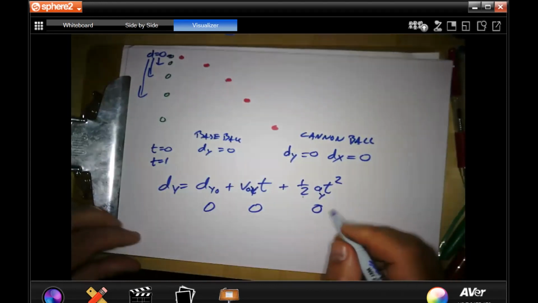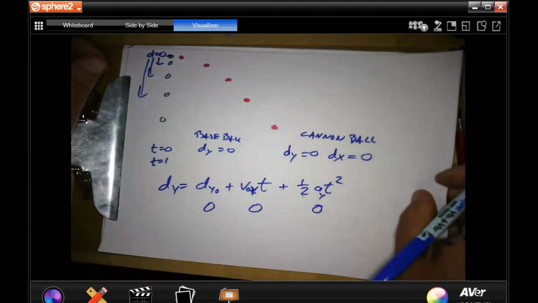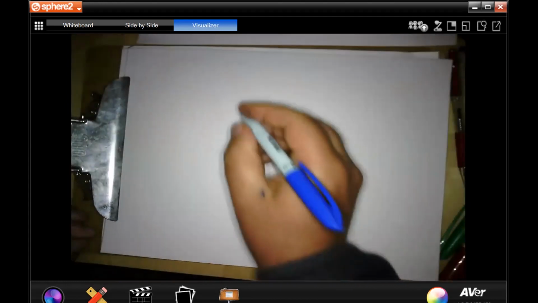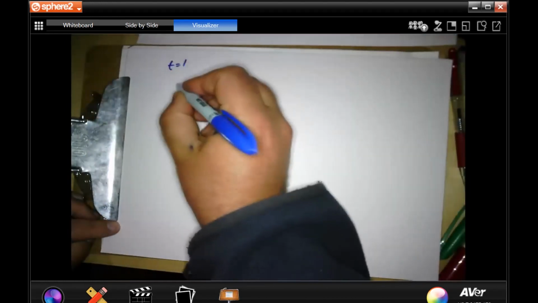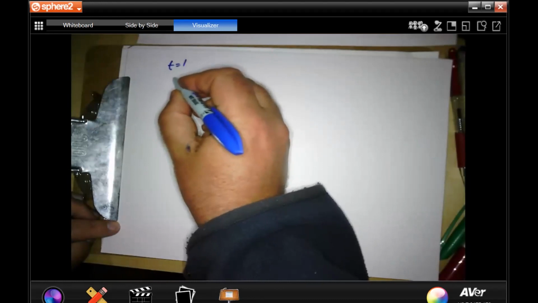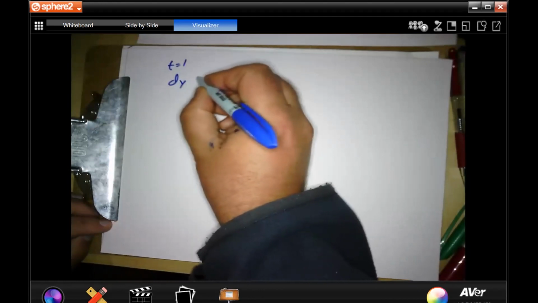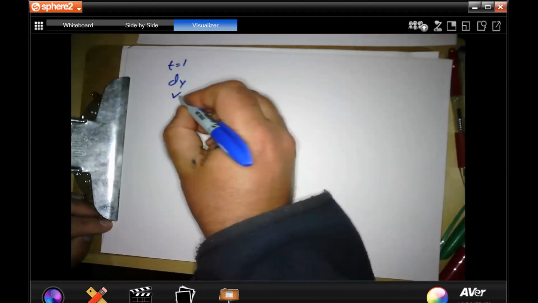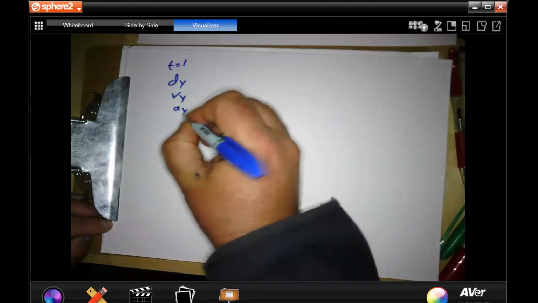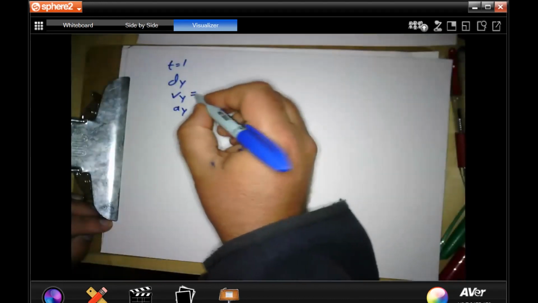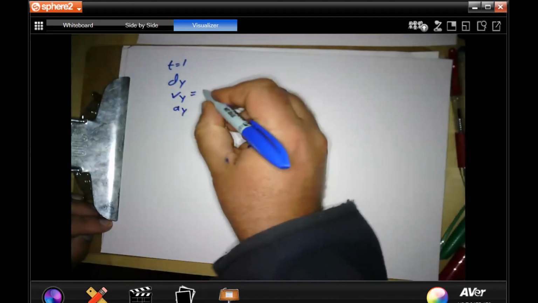Okay, now we need to start keeping track of things. So I'm going to do this again and try to set it up a little bit clearer. Okay, so now we know time equals 1. We need to know dy for the baseball first. Well, what do we know also in the y direction? We know the baseball was dropped, right?